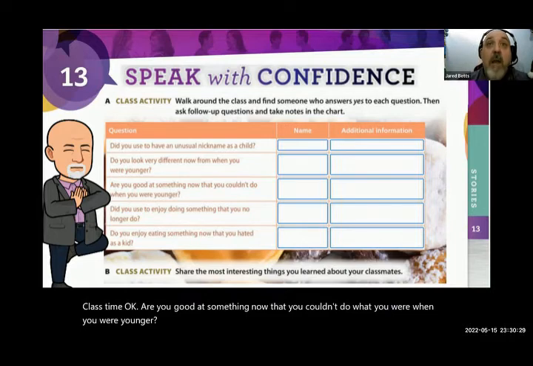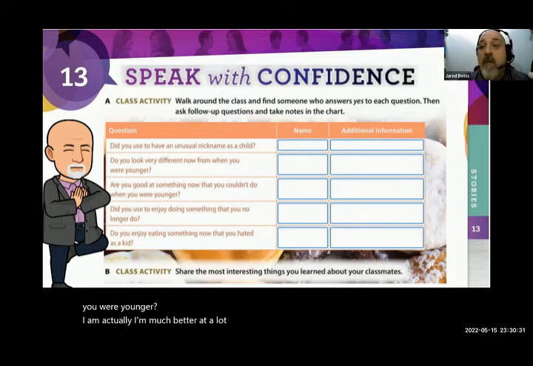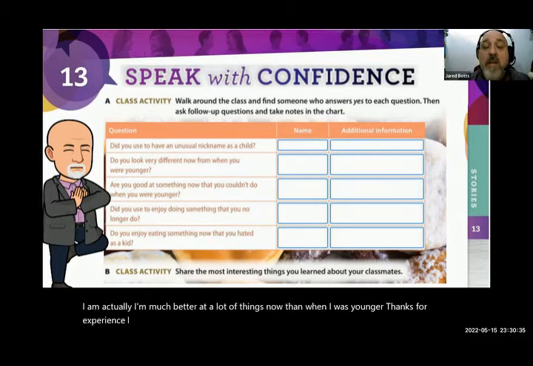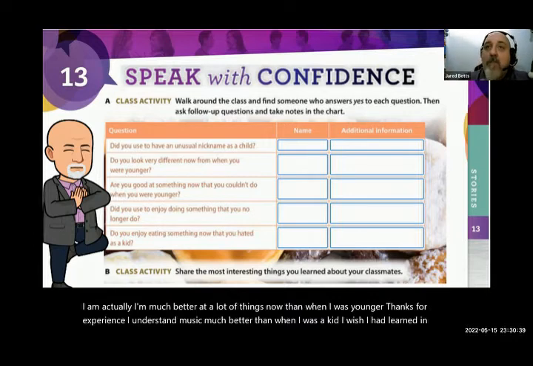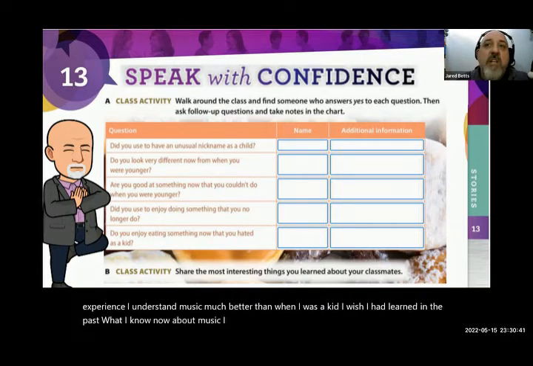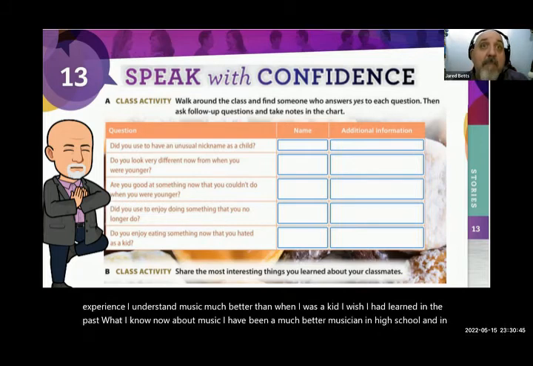Actually, I'm much better at a lot of things now than when I was younger. Thanks to experience, I understand music much better than when I was a kid. I wish I had learned in the past what I know now about music. I'd have been a much better musician in high school and in college. For those of you who don't know, I play the saxophone.